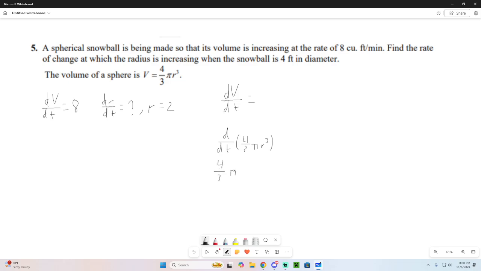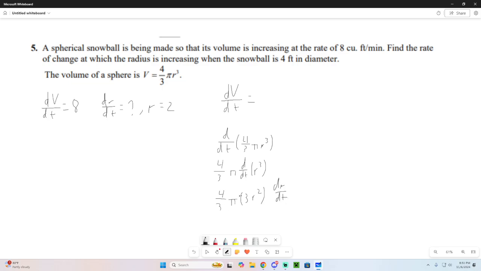So 4/3 pi times the derivative with respect to time of r cubed. The derivative of r cubed is 3r squared. And then because of the chain rule, we have to multiply it by dr over dt.